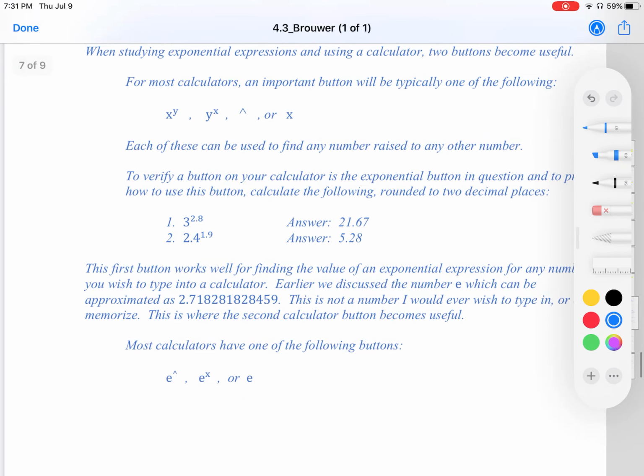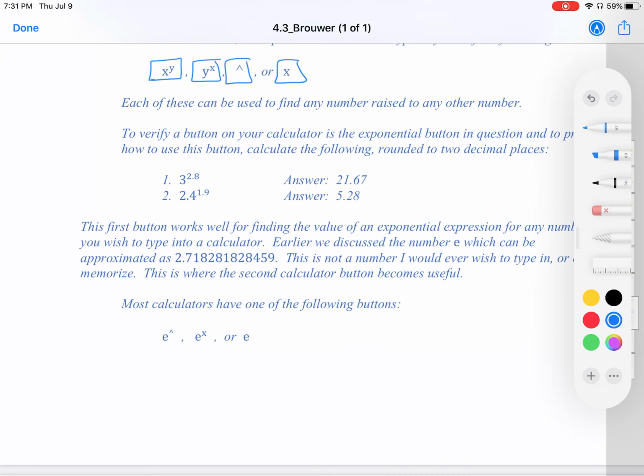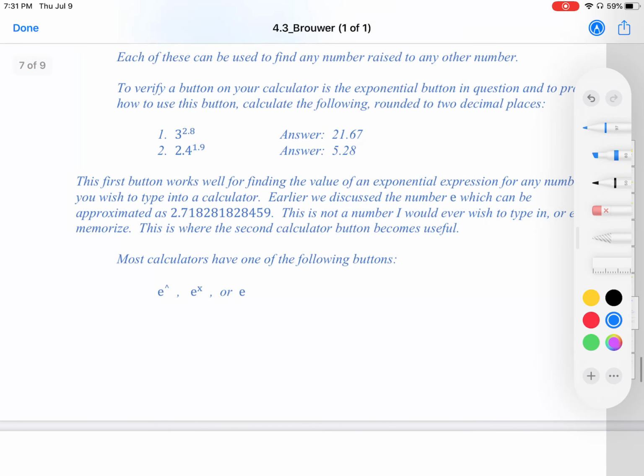So this varies from calculator to calculator. So you'll have a button that looks like something like these, and that might be your exponent button. You also have this on your calculator functions on your phone. If you turn it to the side, you get access to more buttons and thus more types of functions to work with.